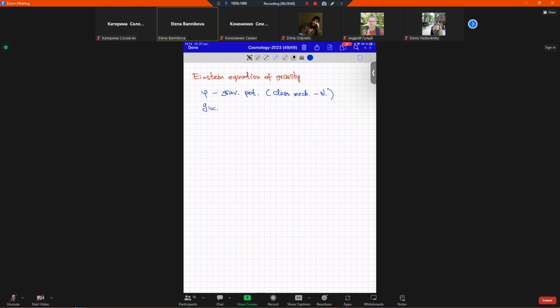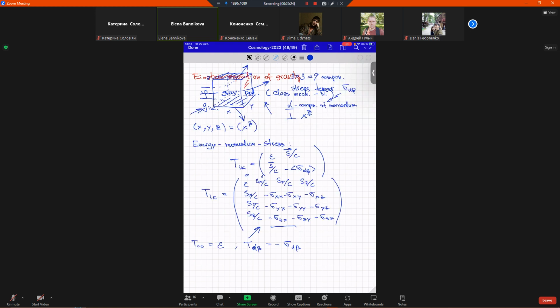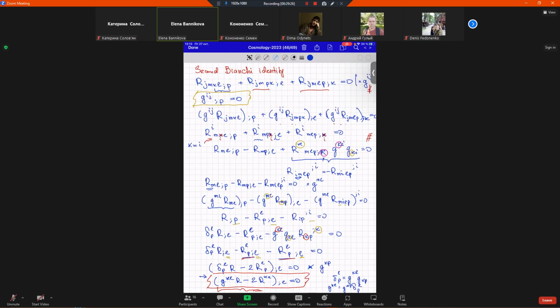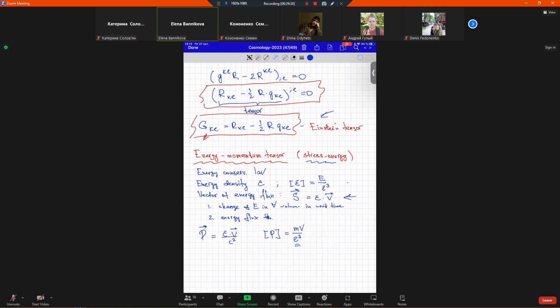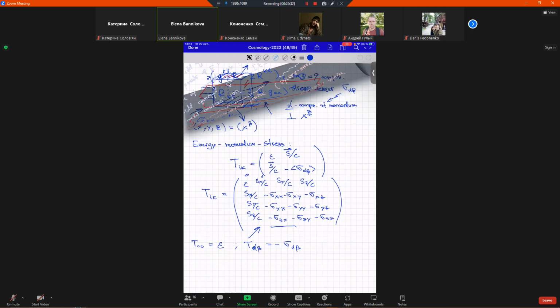Because if we know the metric and all components of the metric tensor, we can find everything we want: Christoffel symbols, Ricci tensor, curvature tensor, everything, including, as we will see, the Einstein tensor.